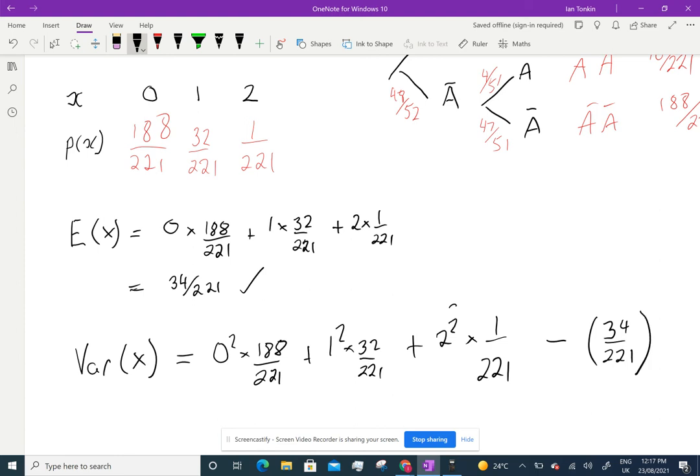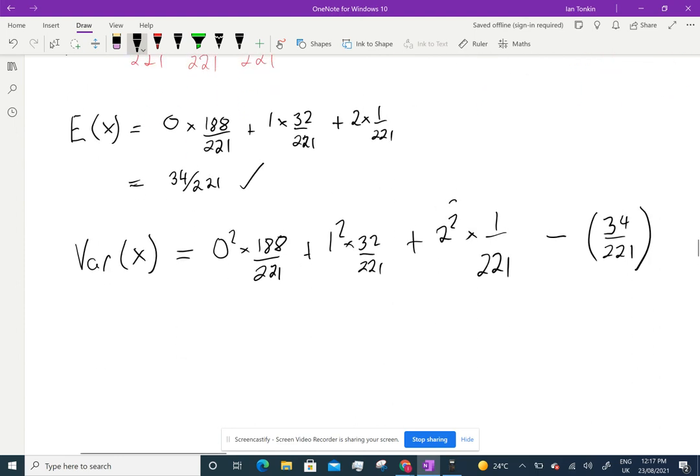I'll just keep it as fractions. So that's going to be 0, that's going to be 32, that's going to be 4. So I'm going to have 36 on 221 minus 34 on 221 squared.